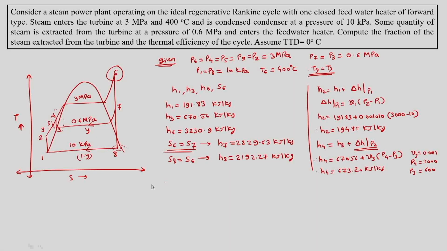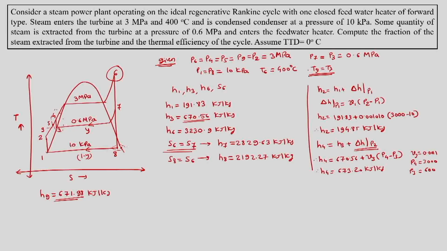So, in this case we will write down the value of H9 obtained from the liquid water table, and that is 671.98 kilojoule per kg. We can see here that H9 is 671 and H3 is basically equal to 670. So, this is almost similar.